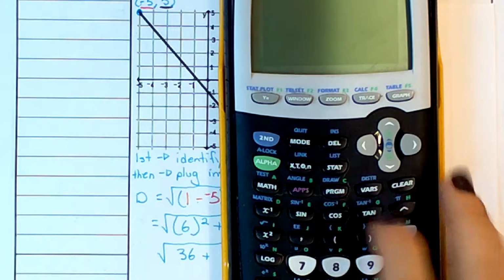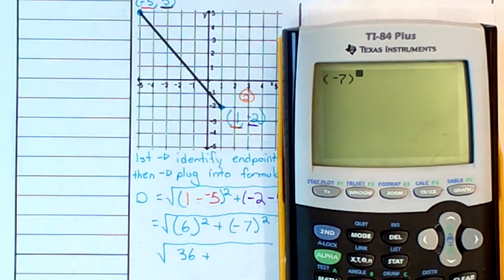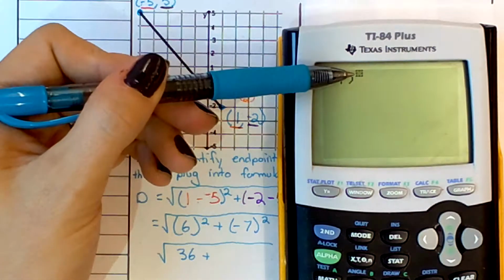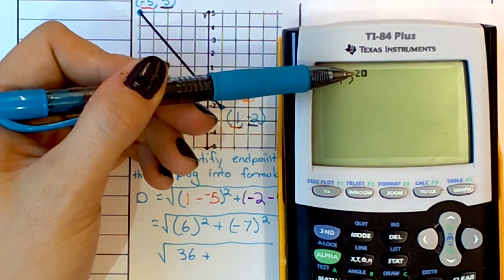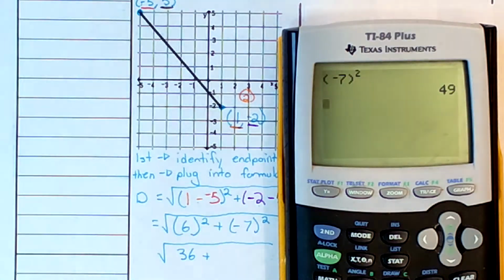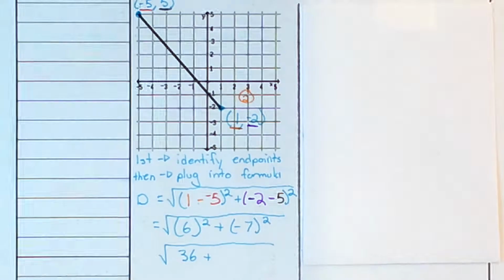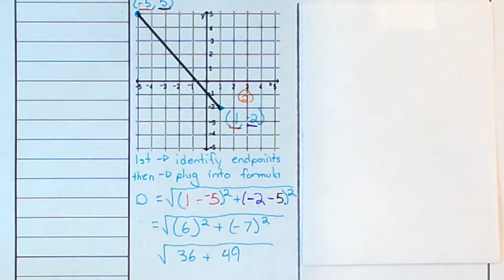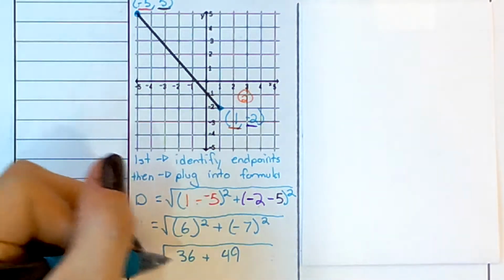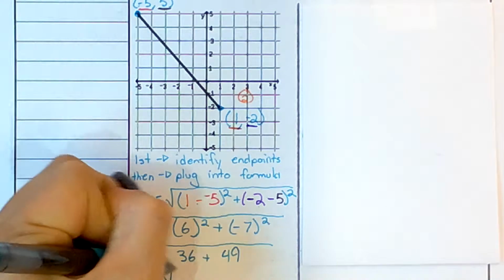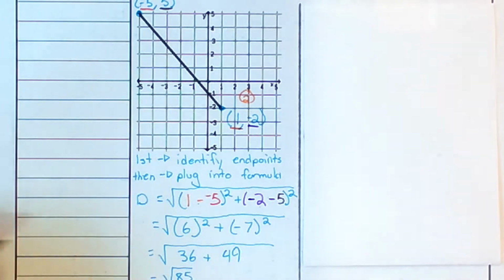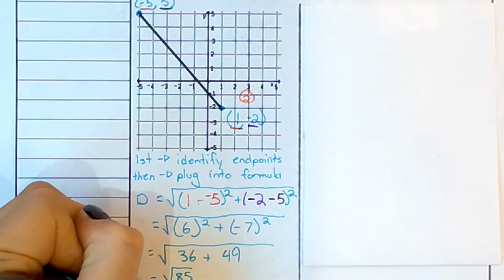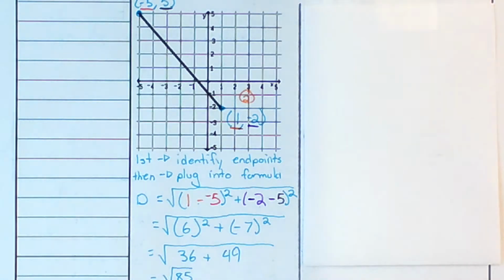This is going to give you your exponent. So it basically moves the cursor up right there for you to type in the 2 and hit enter. So you get 49. So -7 times -7, that's 49. Now add those two together, 36 plus 49, we get 85. And then the square root of 85, we're going to have to round this one.